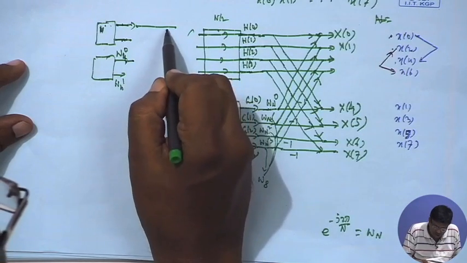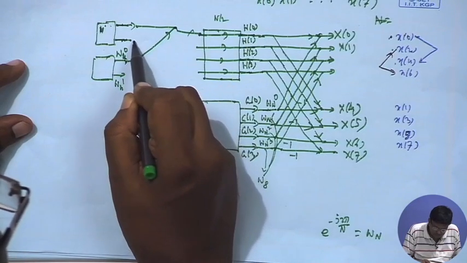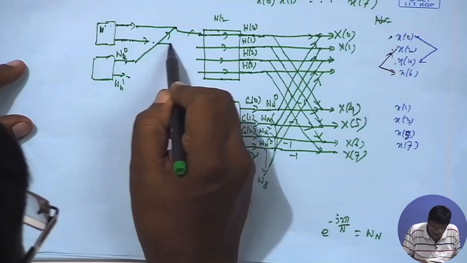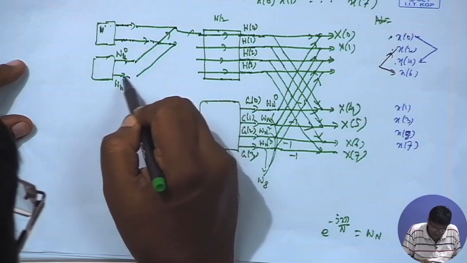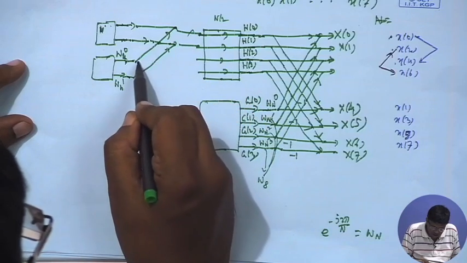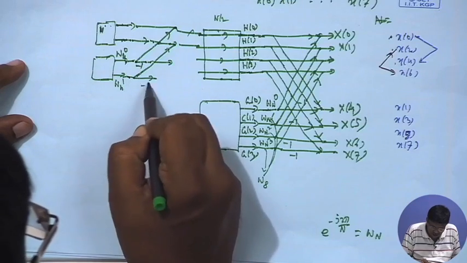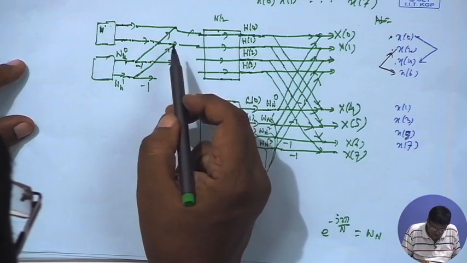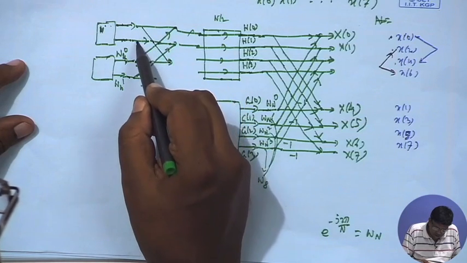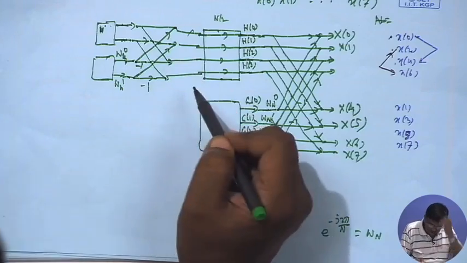After that, they will be added and then this direction it will undergo minus 1, this direction will undergo minus 1, this that we have already seen. So, and then this will be here, this will be here, it is just replica, I mean same thing, and this will go like this.